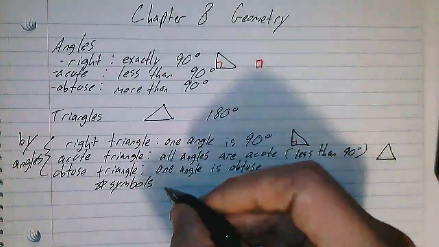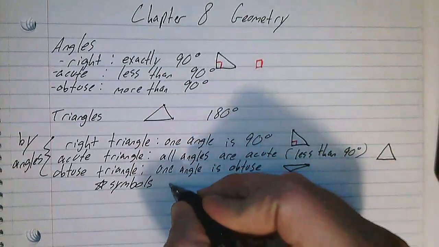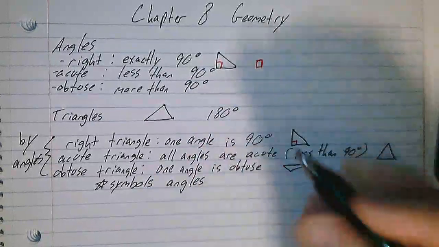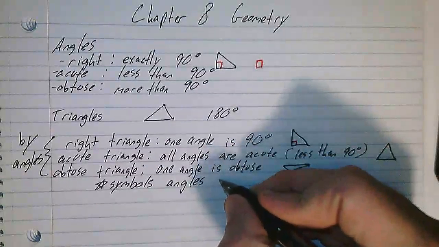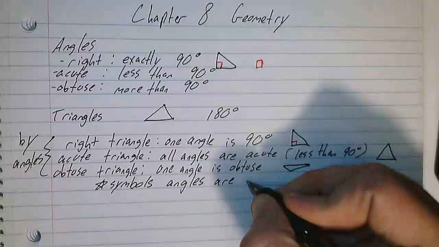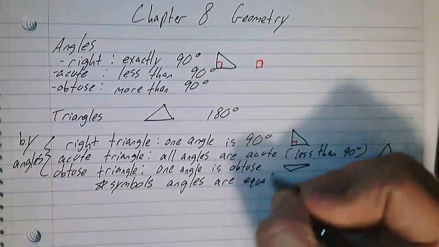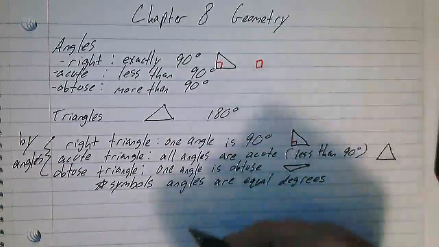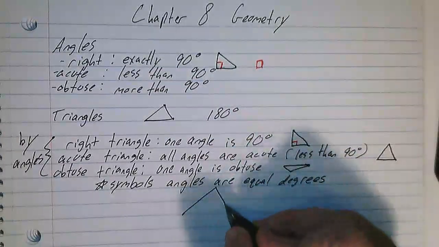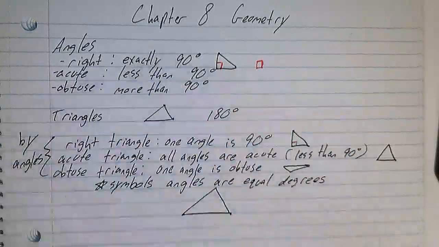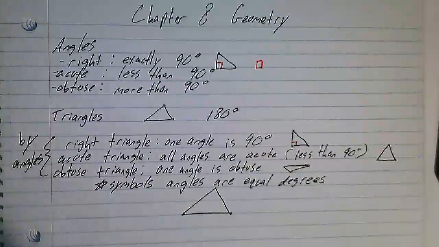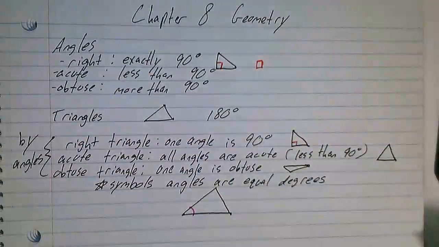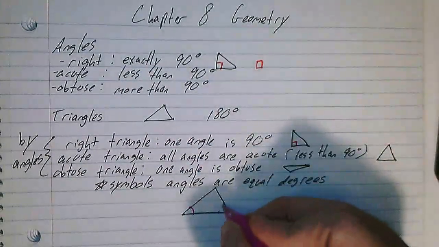So the symbols in an angle, or symbols that show angles are equal degrees, it'll be this kind of curved thing like that.